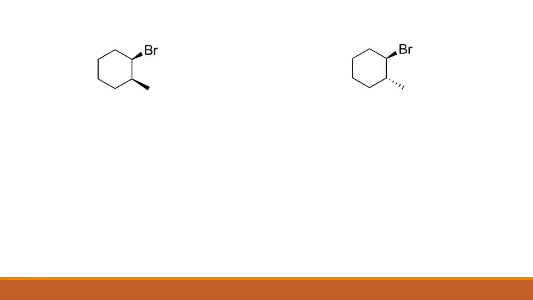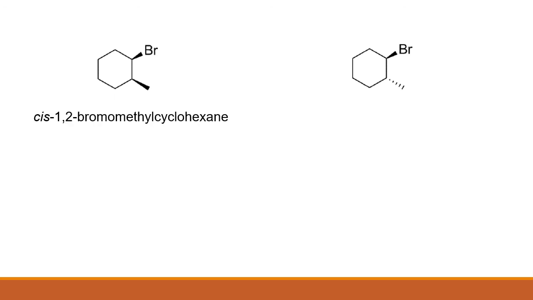Here are examples of stereoisomers. Both of these molecules are cyclohexanes. They both have a bromine atom and a methyl group attached to it. However, one of the molecules has the bromine and the methyl group oriented on the same plane, whereas the other molecule has the bromine and methyl group attached on opposite planes.